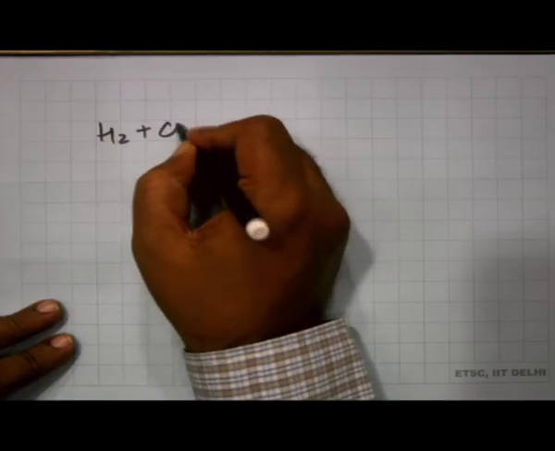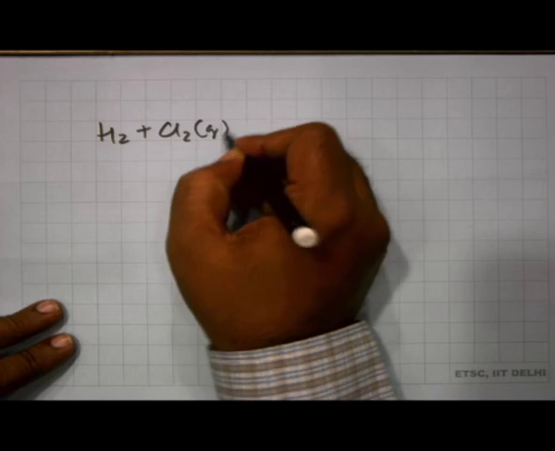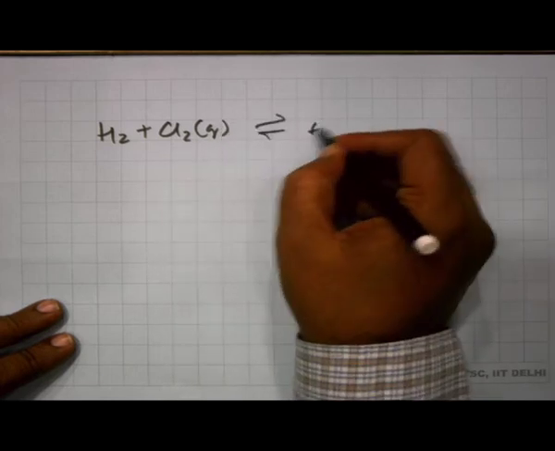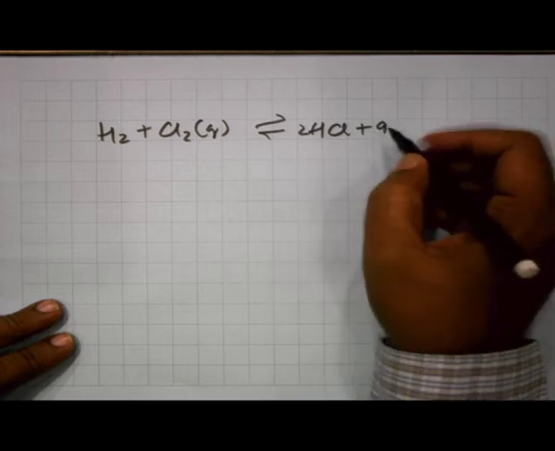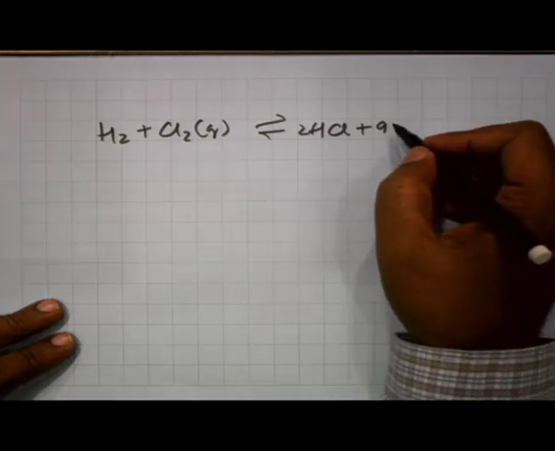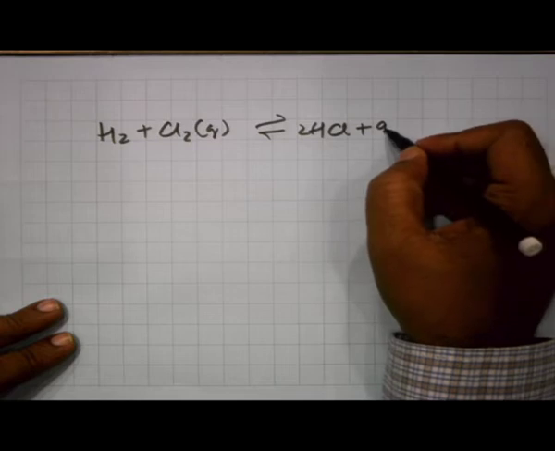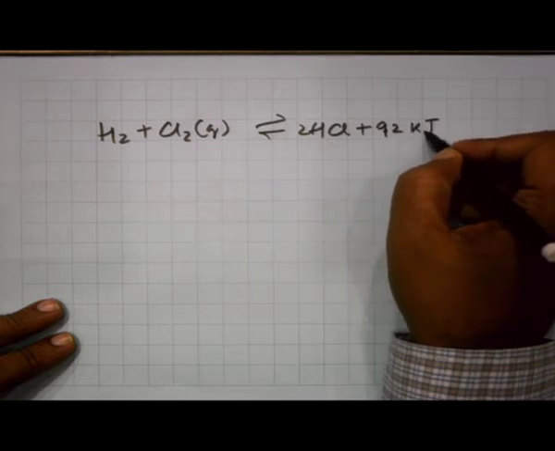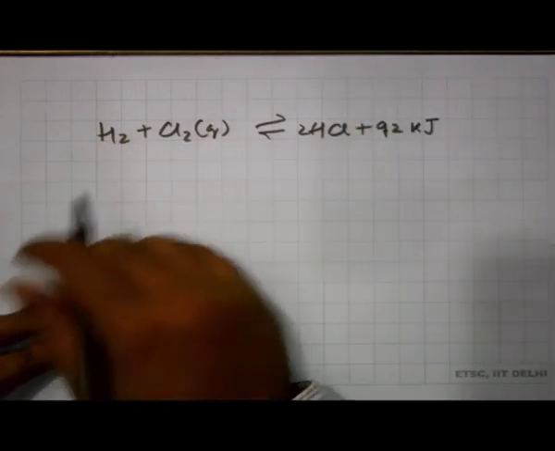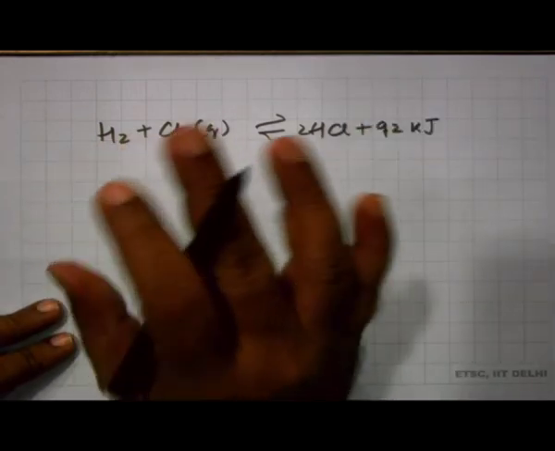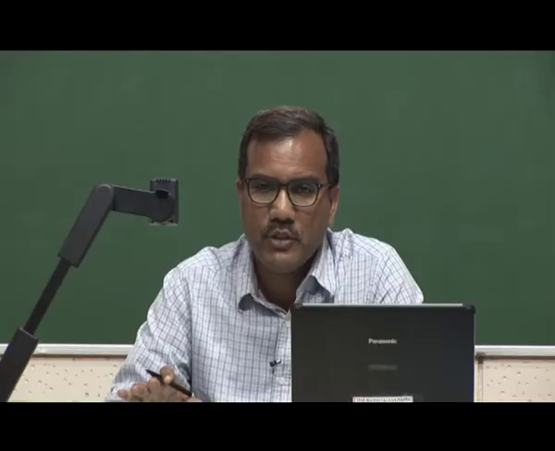Now, suppose we take S2 plus Cl2 gas, giving 2 SCl, plus 92 kilojoule. If this is given, let us think of what is the effect of pressure, temperature and volume.